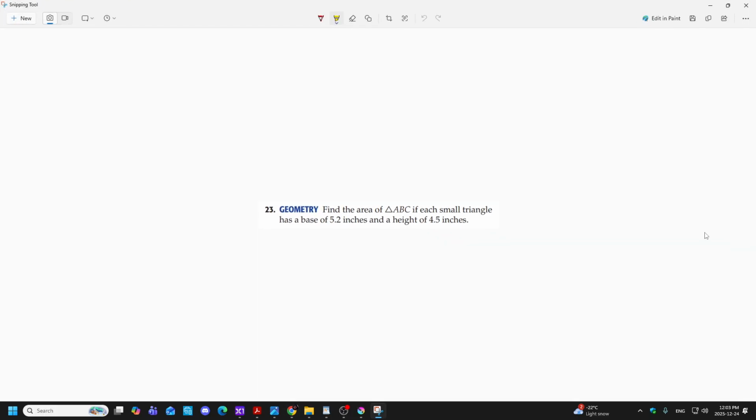All right, here's the question. Because it's easier to read this way. There you go. Find the area of triangle ABC if each small triangle, okay? Take note on what it's saying there. Each small triangle has a base of 5.2 inches and a height of 4.5 inches.